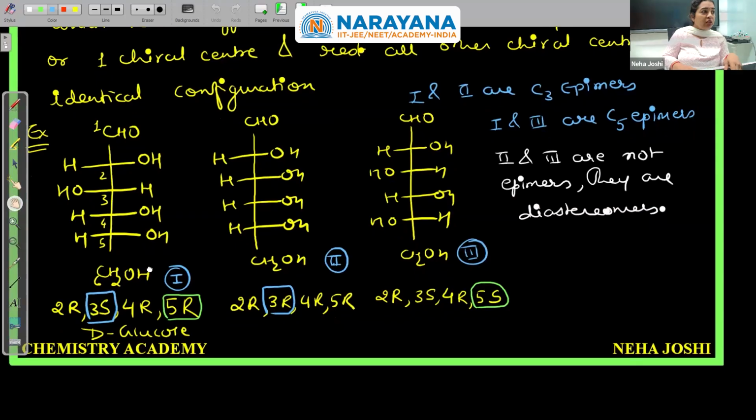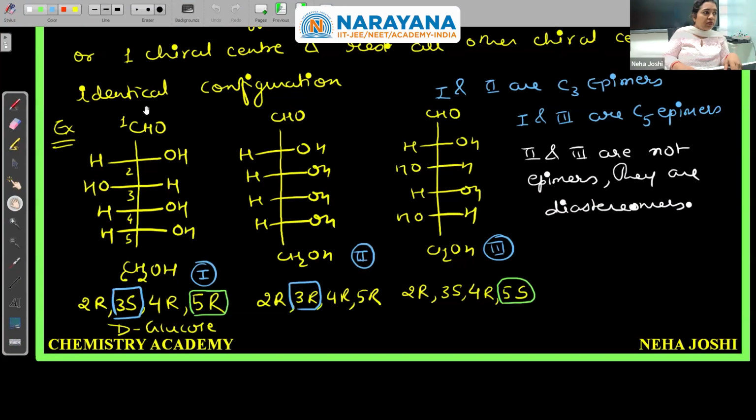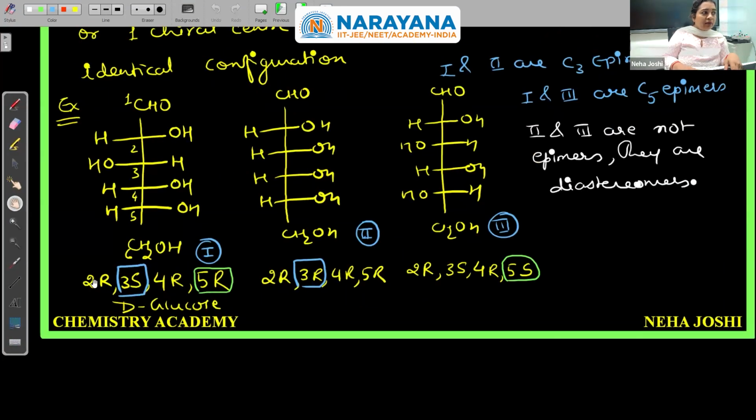For example, if you see in this, I have 2R, 3S, 4R, 5R. This is D-glucose. Then I took this one. In this, I have 2R, 3R, 4R, 5R.